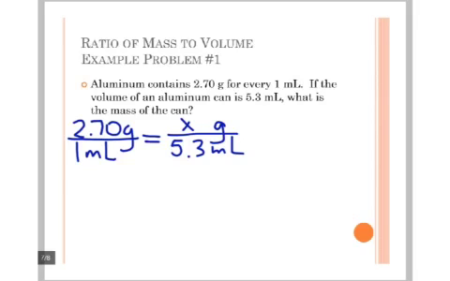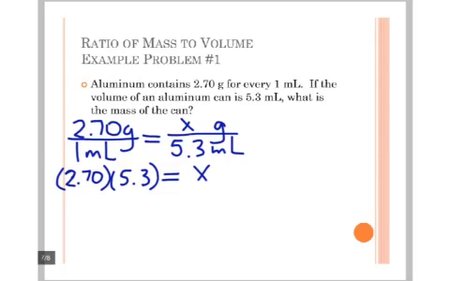I'm going to take 2.70 and I'm going to multiply by 5.3, and then I cross multiply the other way. It's x times 1, which is just x. I'm leaving off the grams and the milliliters because some people get confused. Those are units. They're not variables, two separate things.